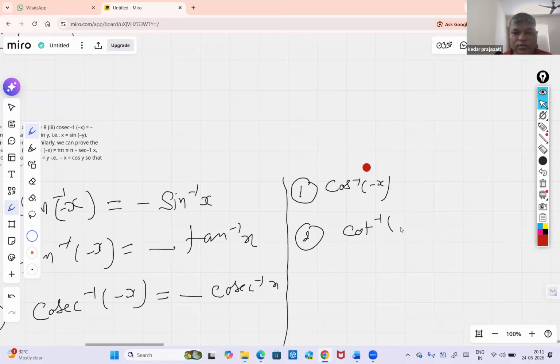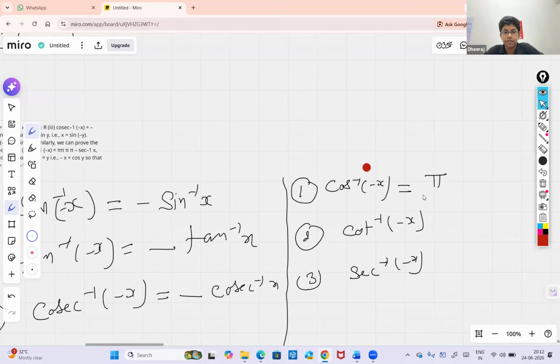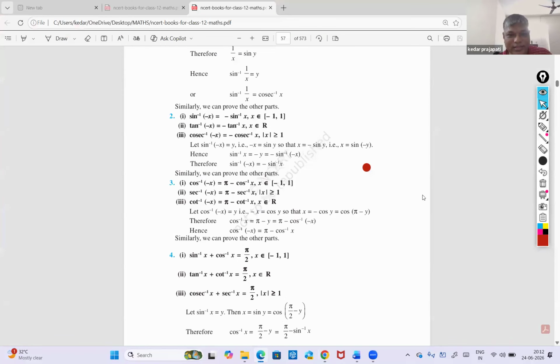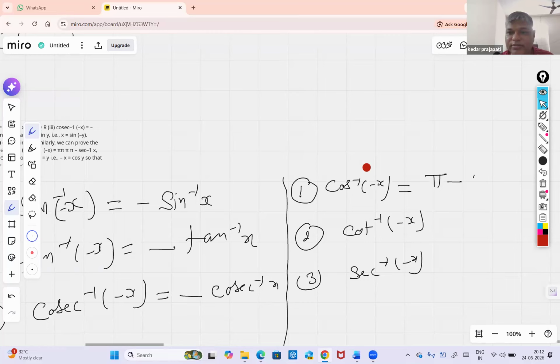Cot inverse minus x is pi minus cot inverse x. And sec inverse minus x is pi minus sec inverse x, because cos inverse of minus x is not minus cos inverse x.